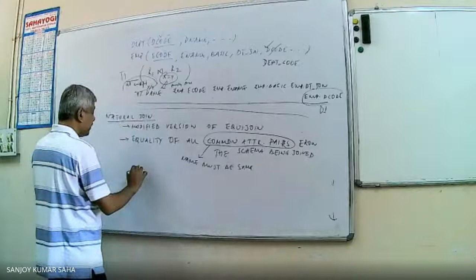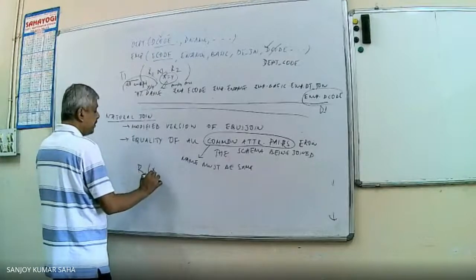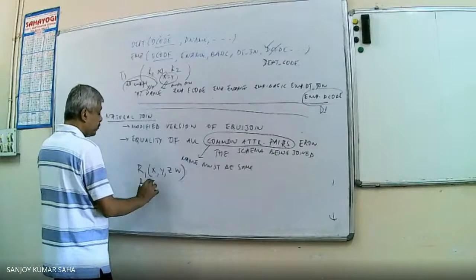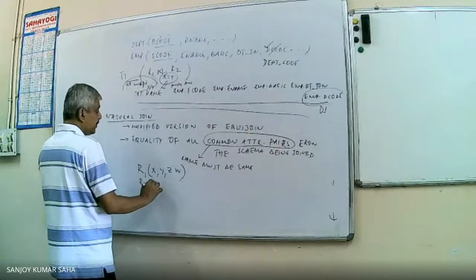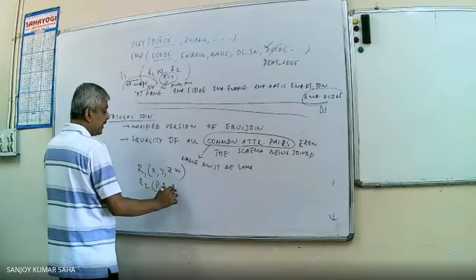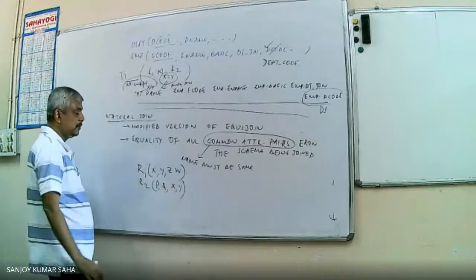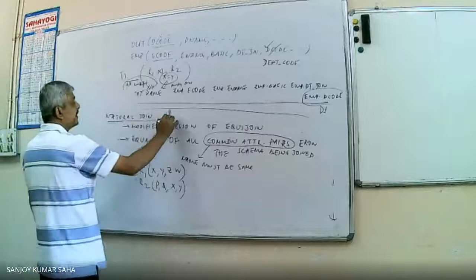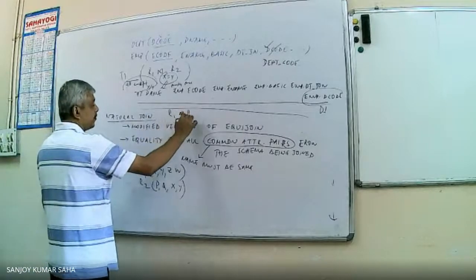Suppose we have a relation R1 (X, Y, Z, W) and R2 (P, Q, X, Y). The symbol for natural join is R1 star R2.